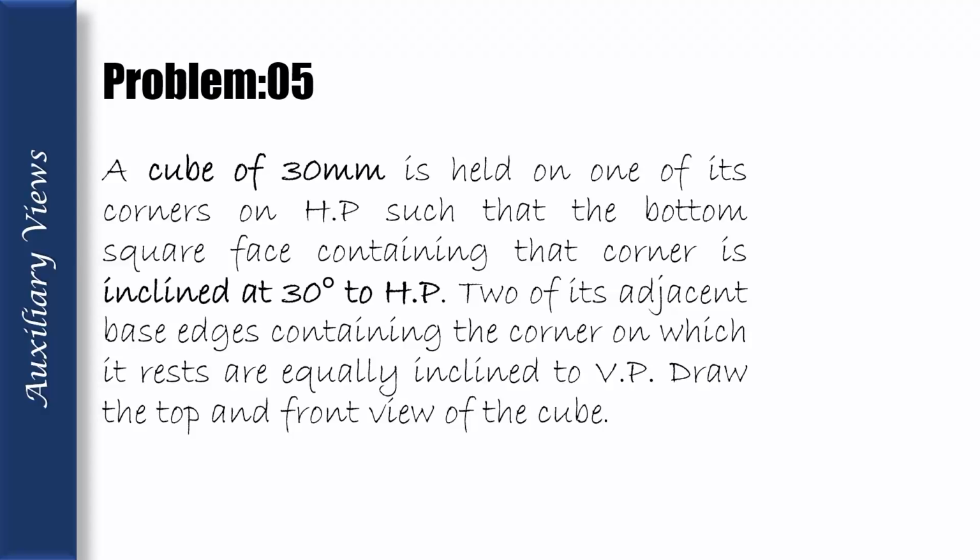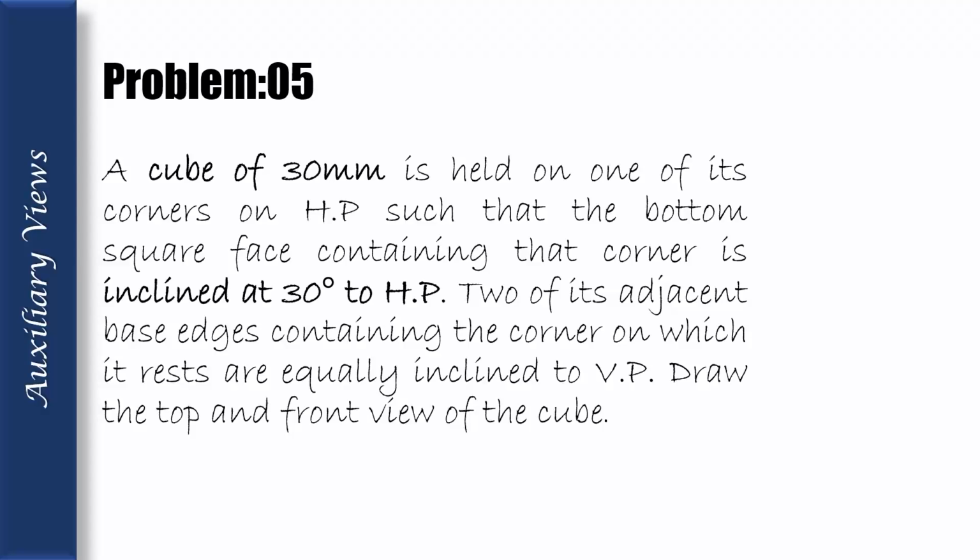One of the corners is on HP, meaning on the top view, such that the bottom square face containing that corner is inclined at 30 degrees to HP. Two of its adjacent base edges containing the corner on which it rests are equally inclined to VP. Draw the top and front view of the cube.